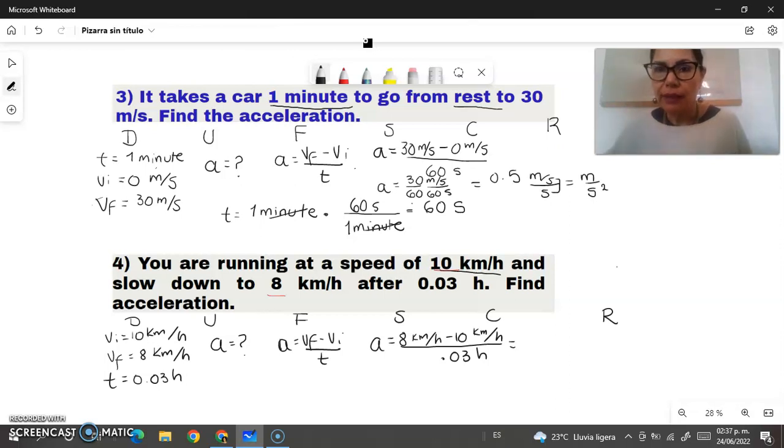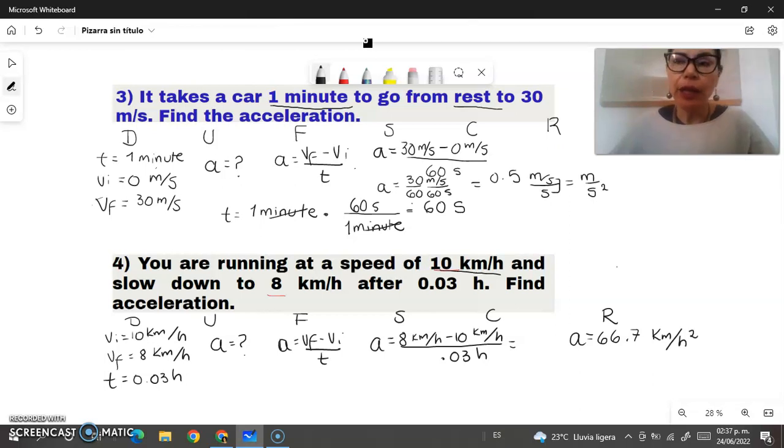Okay, and we obtain, I'll round the result to decimals, okay? So I'll round it, Diego. Acceleration, 66.7 kilometers per hour squared.